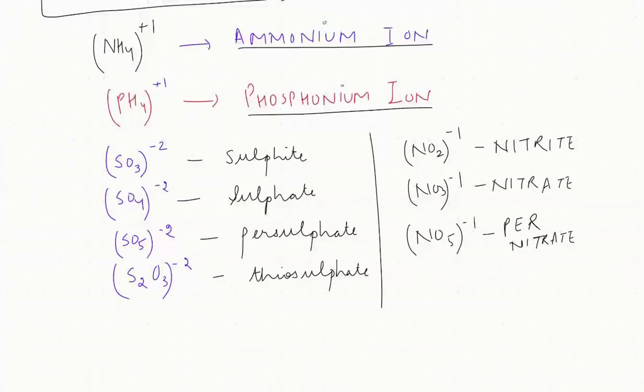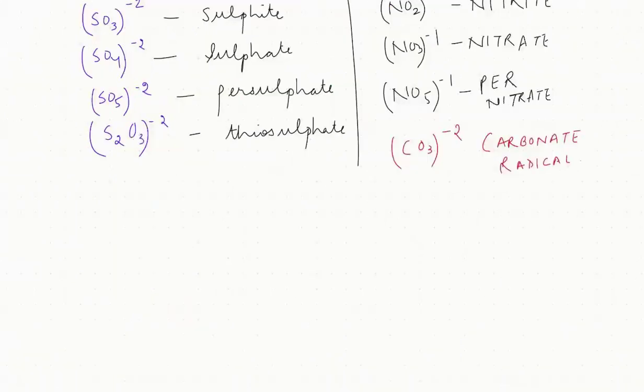Similarly, if I write CO3 minus 2, it would be a carbonate radical. And if I write CO4 minus 2, it would be a percarbonate.